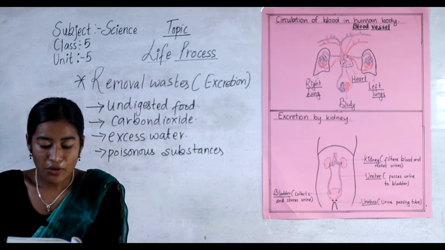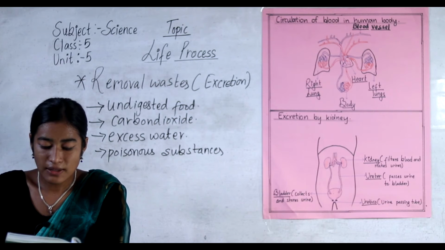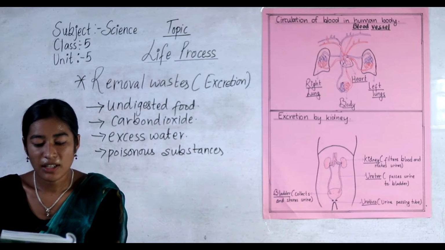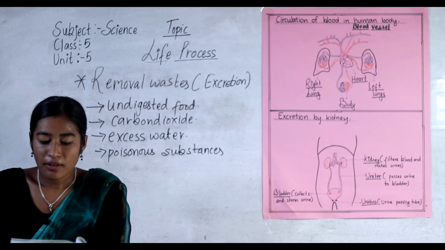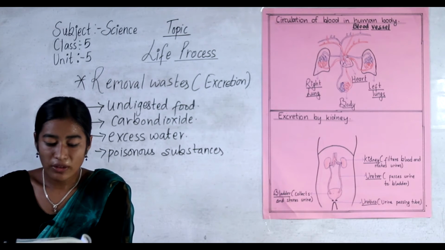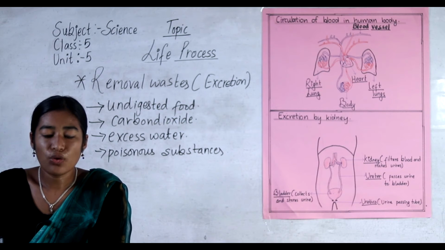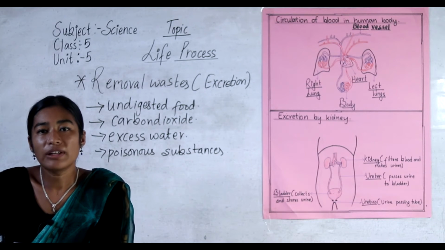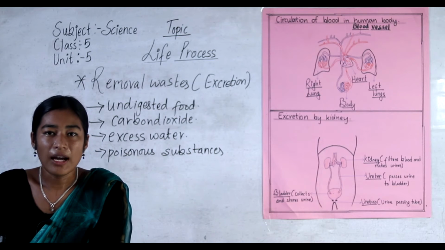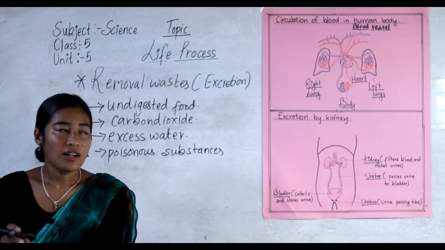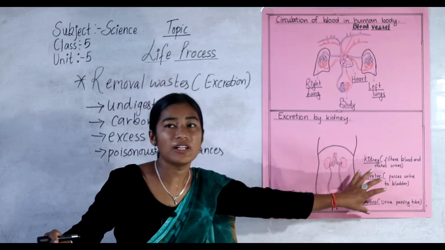Water is also a very essential substance, but our body cannot keep more than it needs, so it is thrown out of our body as urine. The organ called the kidney filters blood.